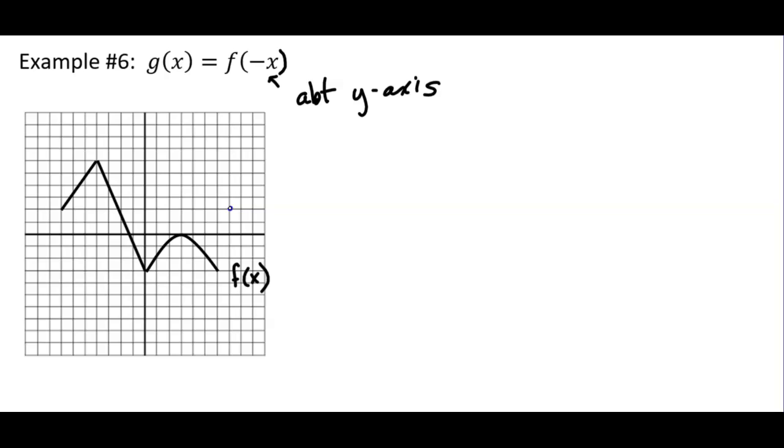Now why is that? Well, we can say if f of x has a point -7, 2, then to get a -7, I have to plug into g of x. So let me go over here.